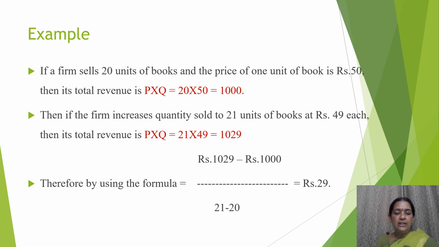Then, if the firm increases quantity sold to 21 units of books at rupees 49 each, then its total revenue is P into Q, which is equal to 21 into 49, you will get 1029. Therefore, by using the formula, rupees 1029 minus rupees 1000 divided by 21 books minus 20 books, you will get rupees 29 as marginal revenue.